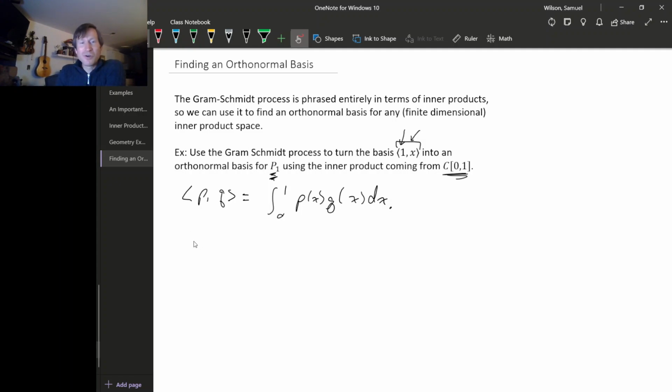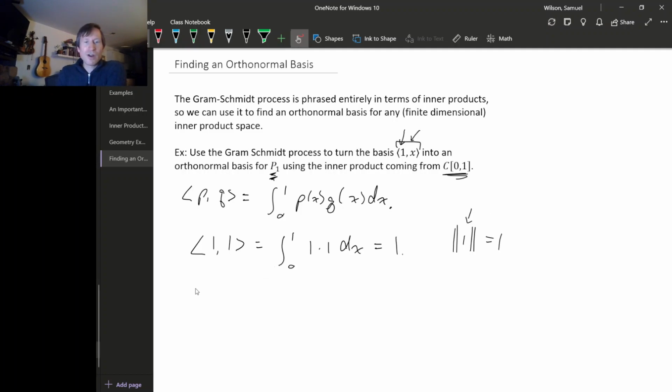Fortunately, we don't need to worry about when to normalize this first basis element, 1, because its norm is actually 1. If we calculate the inner product of 1 with itself, that's the integral from 0 to 1 of 1 times 1, which is 1. So the norm of the basis element 1 is 1. In other words, 1 is already a unit vector.